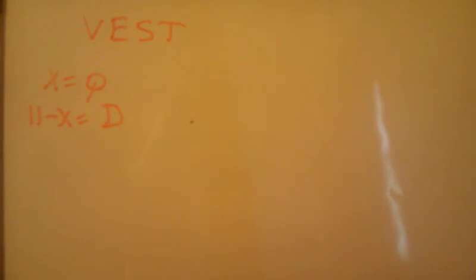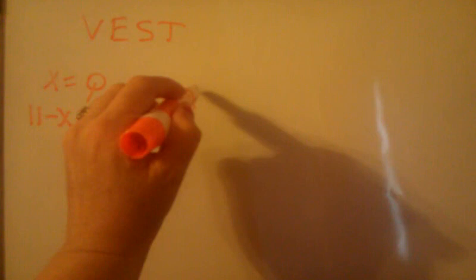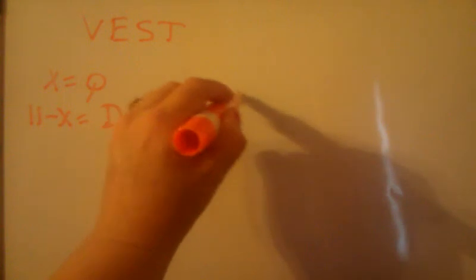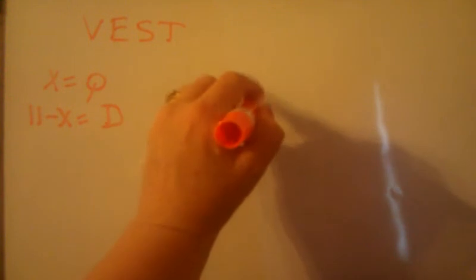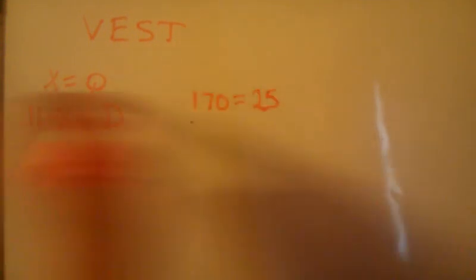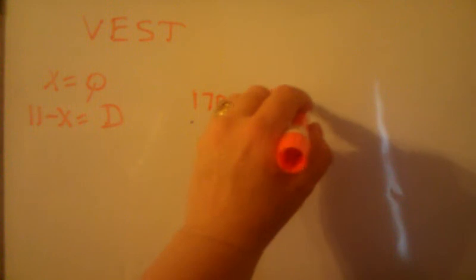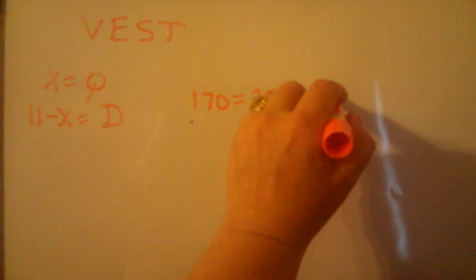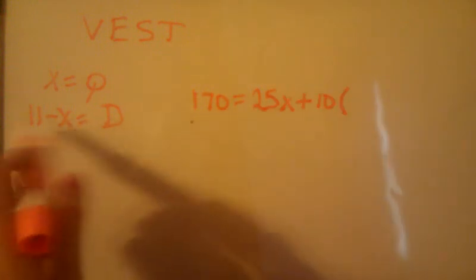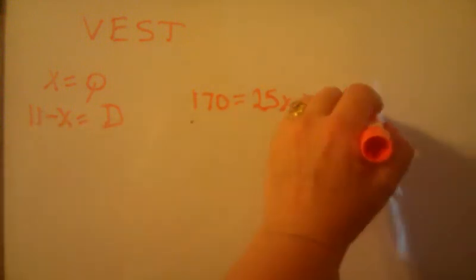So 170 equals, okay, how much is a quarter worth? A quarter is 25 cents. So I have to take 25 times however many quarters he has, plus how much is a dime? A dime is 10 cents. So I have to take 10 times however many dimes he has, 11 minus X.